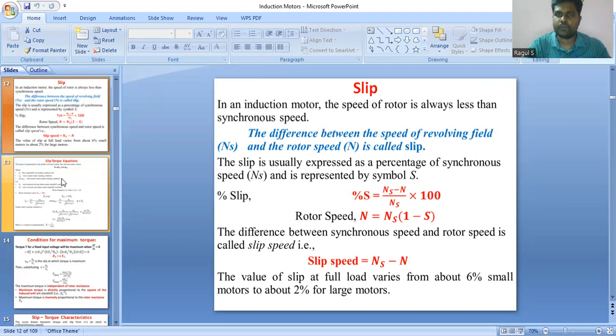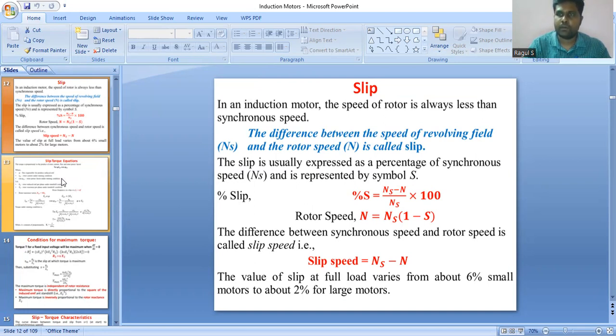The term slip is suitable for induction motors only, because in an AC motor the rotor does not achieve the synchronous speed.